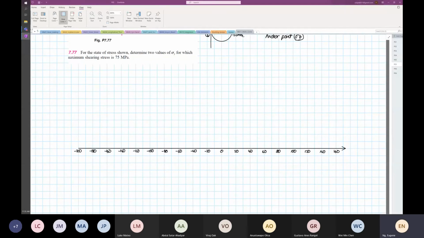And then over here, we're going to have our shearing stress. Element rotating clockwise at the top. So like 2D Mohr circle, 20, 40, 60. And I'll stop at 80. Okay, we can stop at 80 because again, we know that tau max is equal to 75.